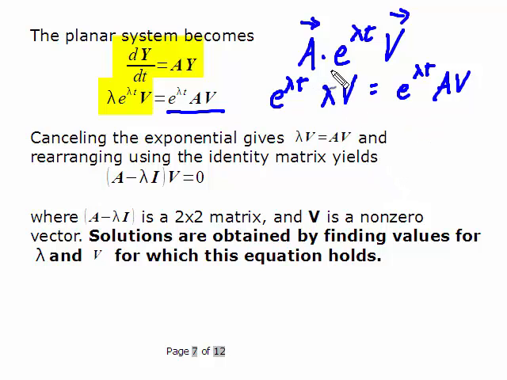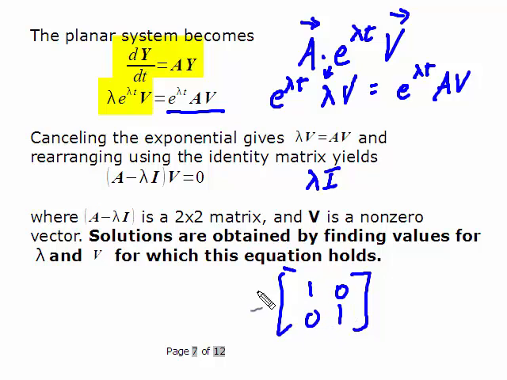Okay, lambda is a scalar, and it's multiplying v. So if I multiply lambda by the identity matrix, which I know you know what the identity matrix is, of course, then I would have a matrix here. I can rewrite this term as lambda times I times v.